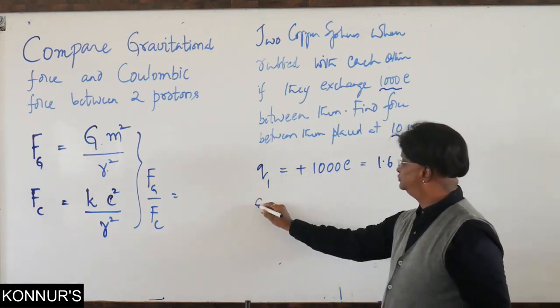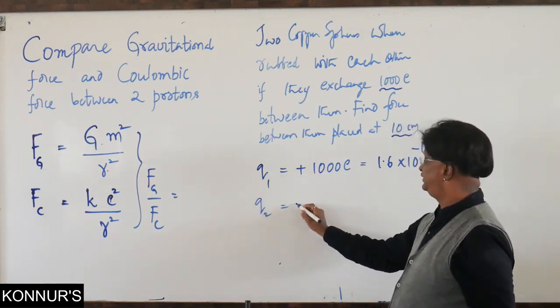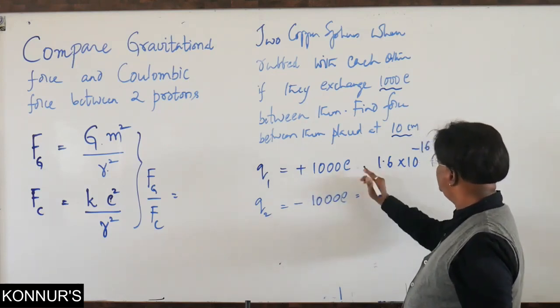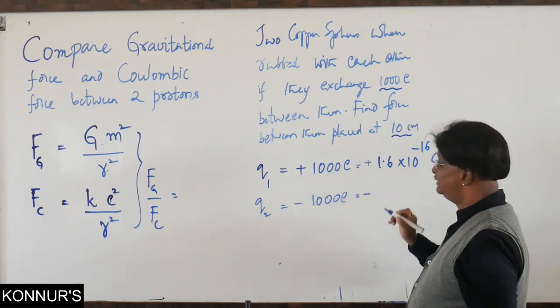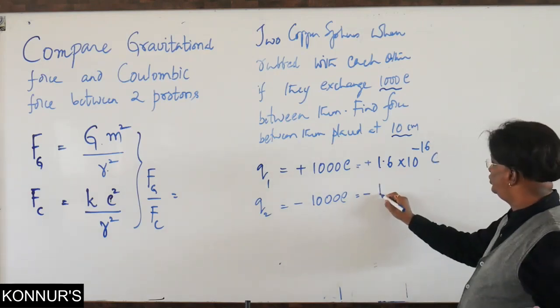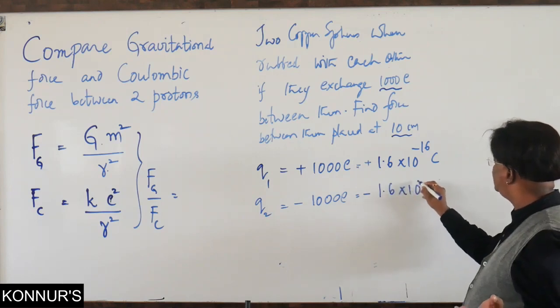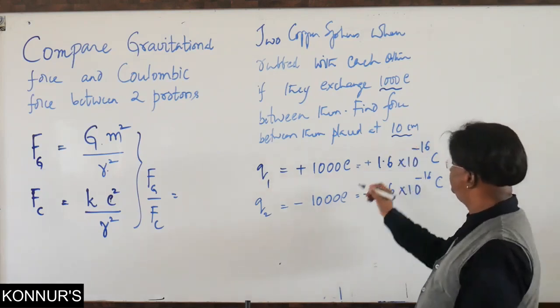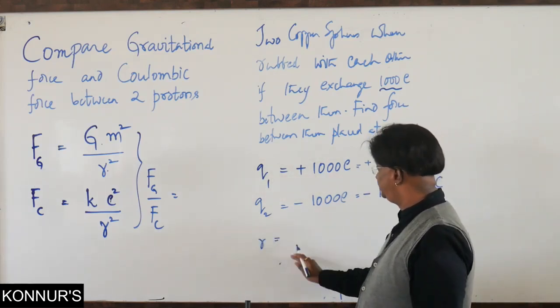Then what is Q2? Q2 is minus 1000 e. Same magnitude but negative acquired by the other, minus 1.6 into 10 raised minus 16 Coulomb. And the distance between them is 10 centimeter.